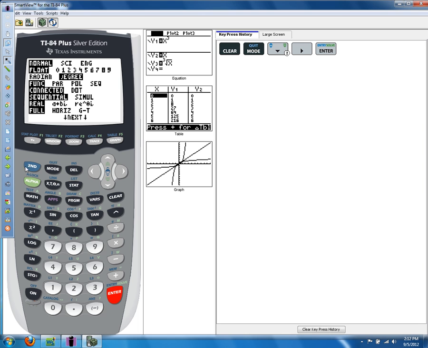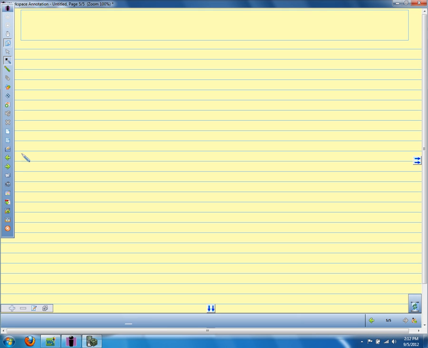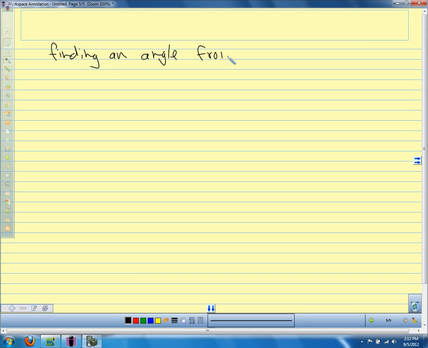Now the thing that I wanted to remind you of is how we find an angle if we have the ratio. So finding an angle. This is going to be important.